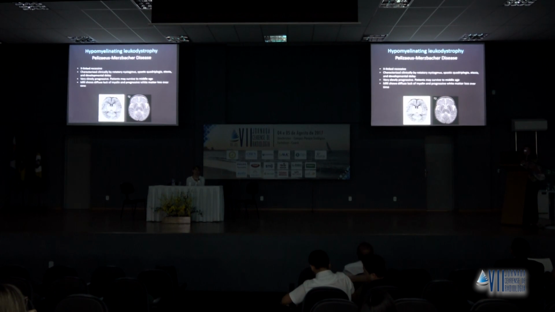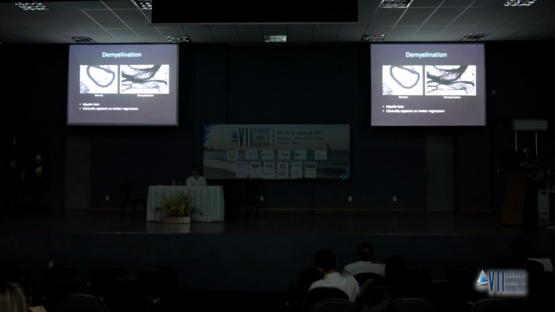It's X-linked recessive. It's characterized by rotatory nystagmus. The children have quadriplegia, developmental delay, slowly progressive, but they sometimes can live up into middle age. And that's basically what that looks like.